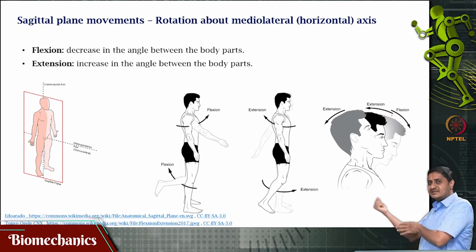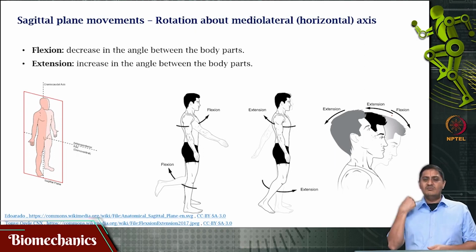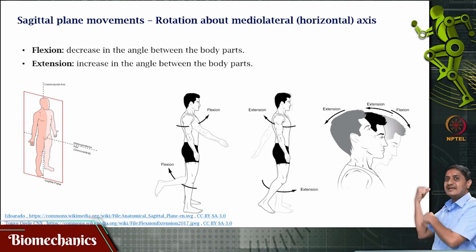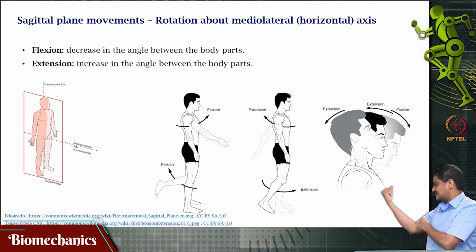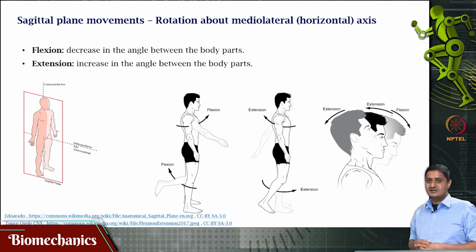When that angle decreases, it is called flexion. Now, I am keeping my arm like this, and I am opening it up. Now, this angle is increasing, is going up. This increase in this angle is called extension.